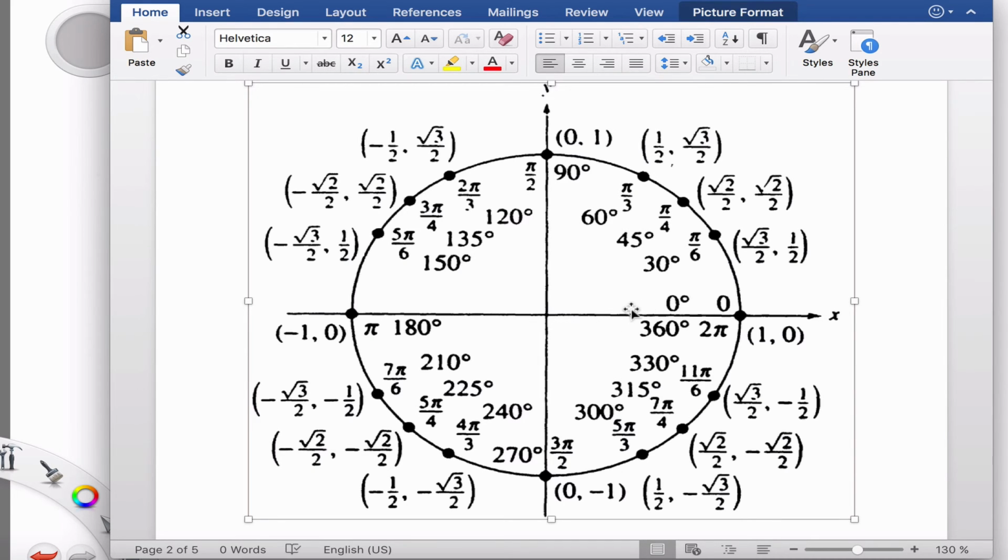For example, if we go from 0 all the way around to 210 degrees, the reference angle would be the difference between the terminal side, which would be here, at 210 degrees and the x-axis here. We can find that by subtracting. If we subtract 210 minus 180, we'll find that the reference angle is 30 degrees.